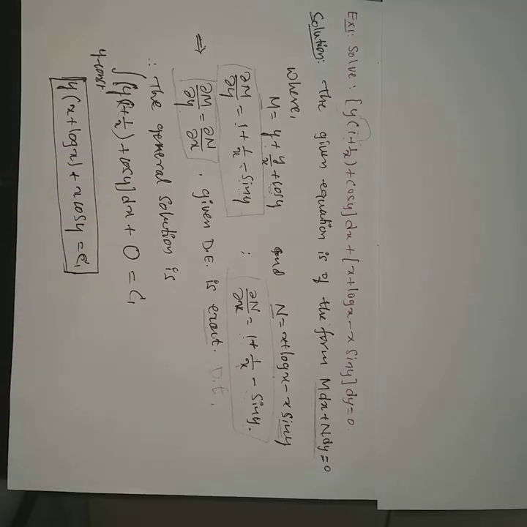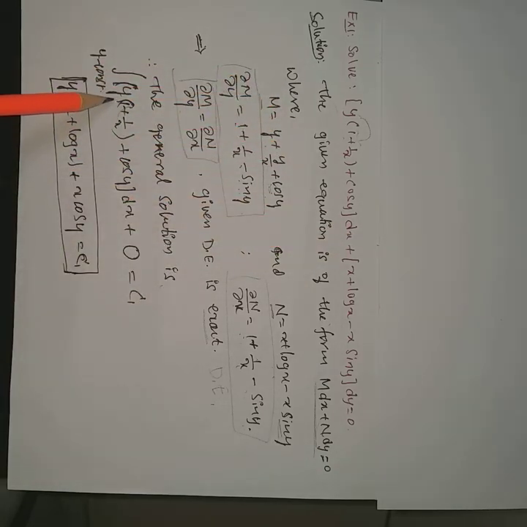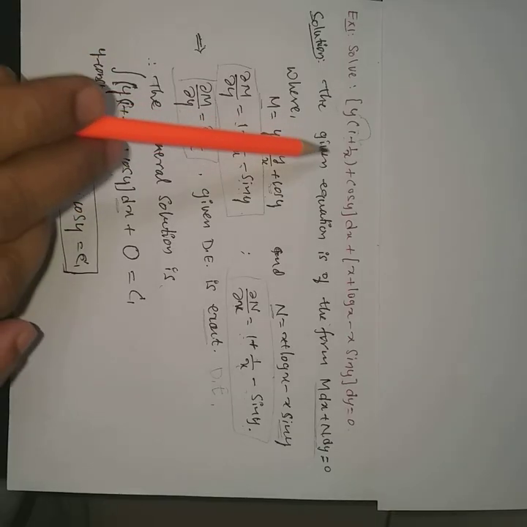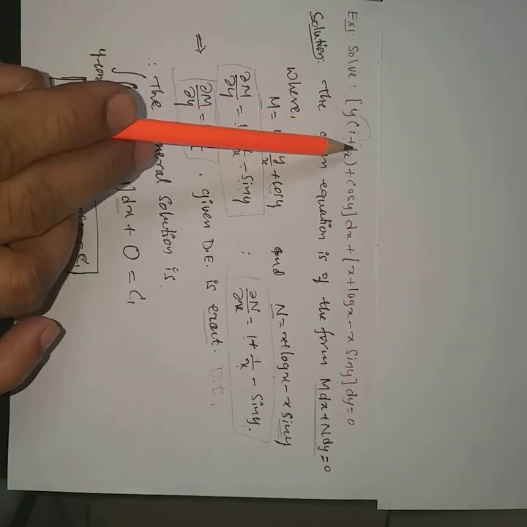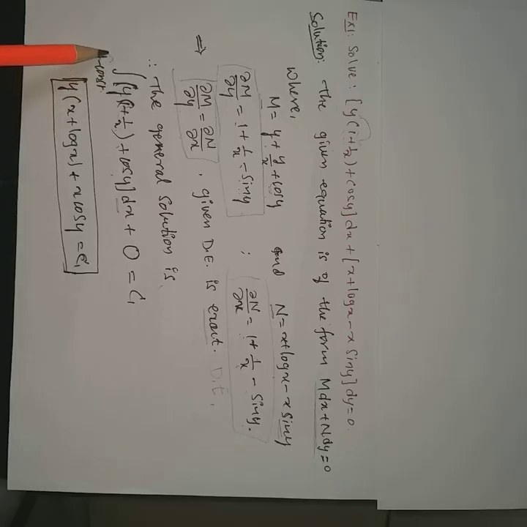Once it is exact, the general solution is given by the integration of the coefficient of dx, that is the integration of y into 1 plus 1 by x plus cos y with respect to x, where y is treated as constant.